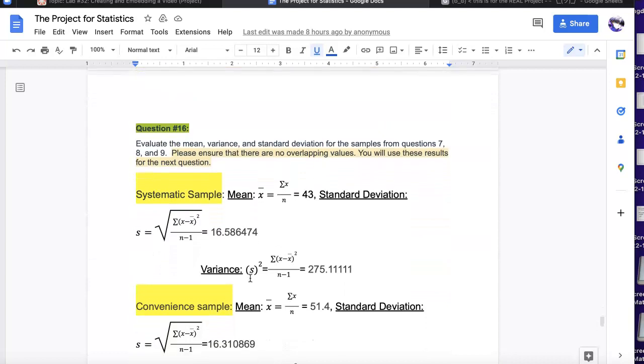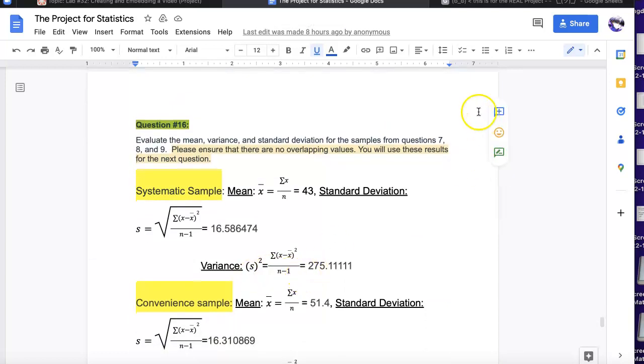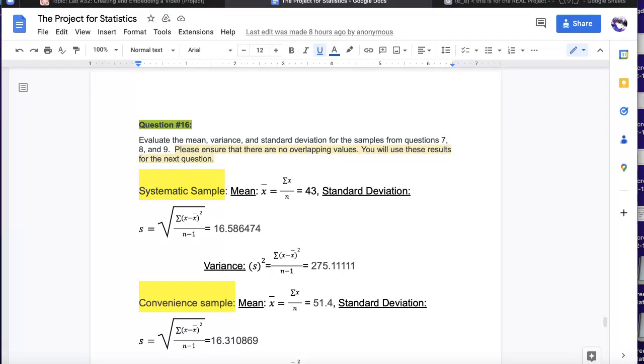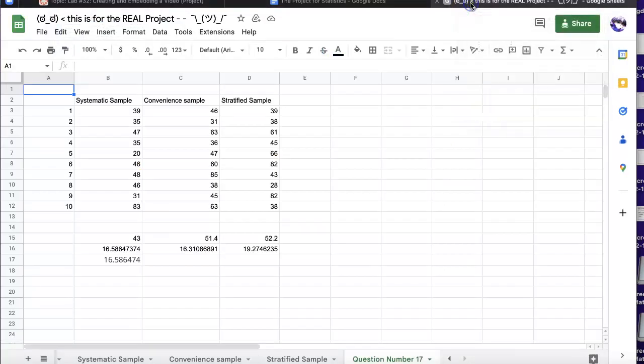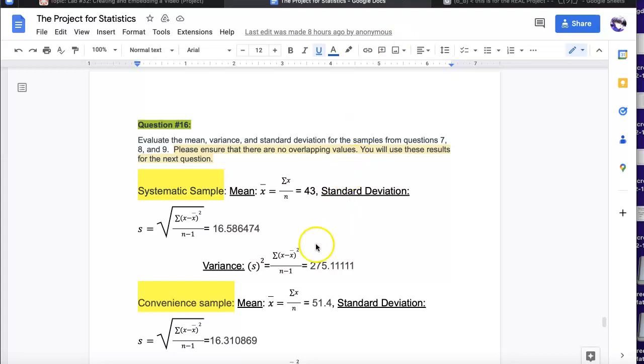As for question 16, like we've seen in our question number 10, we did have a couple data sets. So here are our data sets, the systematic sample, the convenience sample, and the stratified sample. Basically, we took all of these separately and placed them in StatCrunch, and we were able to get our standard deviation, our variance, and our mean.